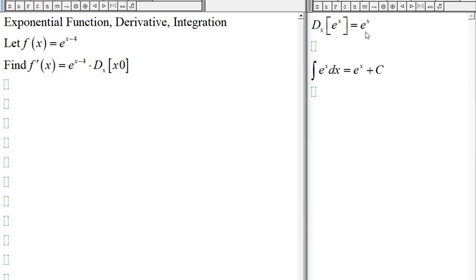And so we get e to the x minus 4, and then the derivative of x is 1, the derivative of 4 is just 0, so we get 1, and therefore we get e to the x minus 4, and that's the answer.